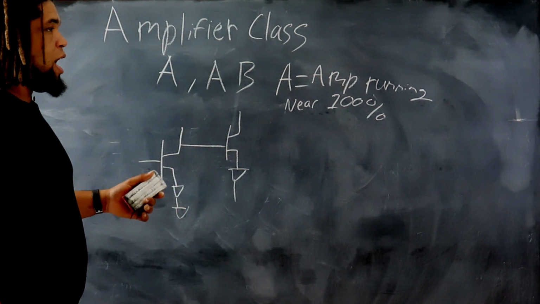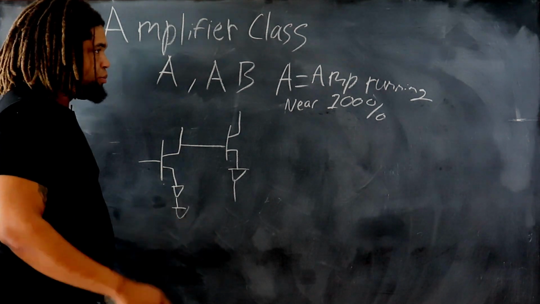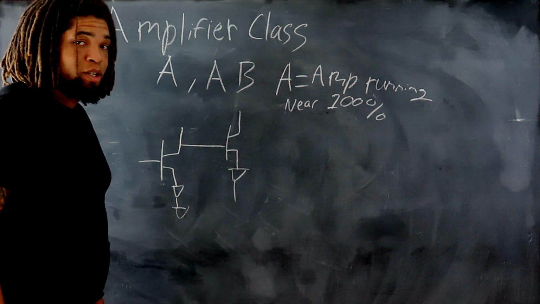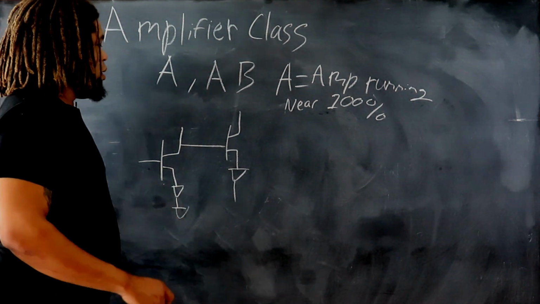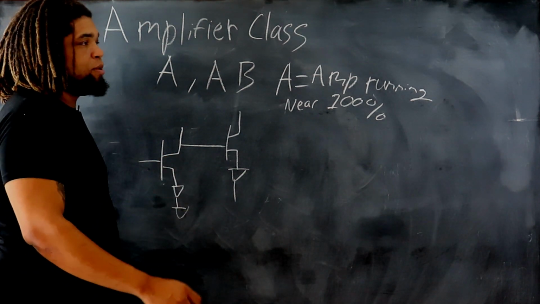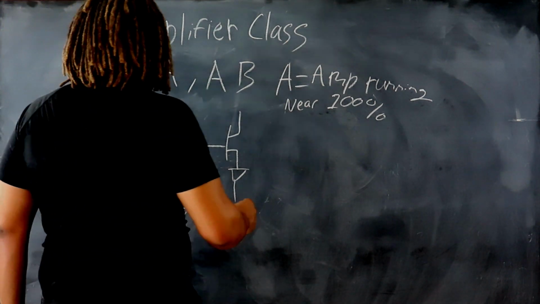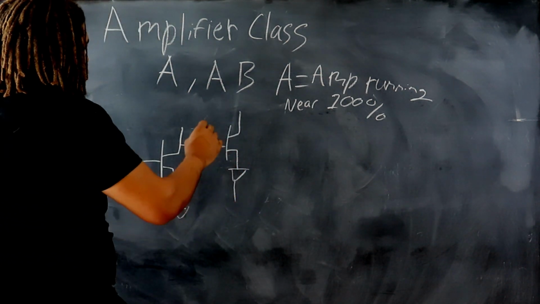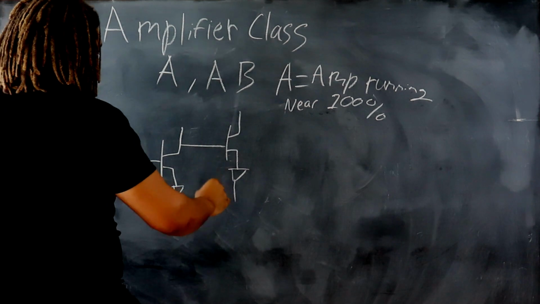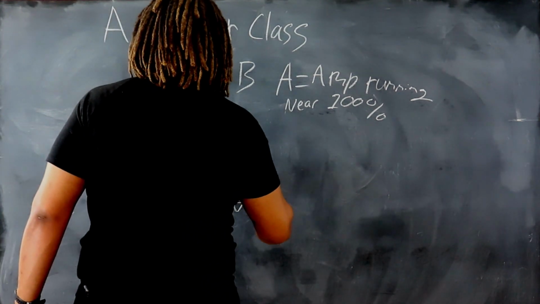Whereas your average transistor isn't going to be able to produce that much wattage on its own, so it's going to have to be paralleled with other transistors. But for the sake of this example, we'll just say there's only one transistor here.